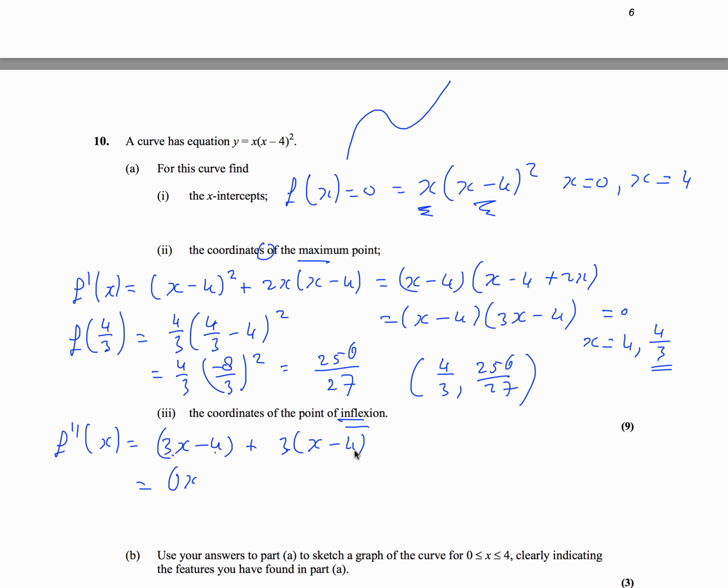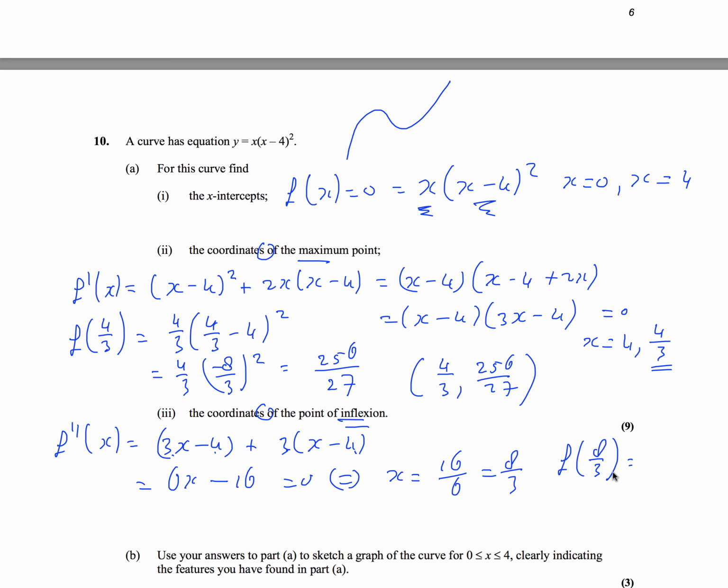Minus that is minus 16. So this is equal to 0 when x equals 16/6 or 8/3. I need to find the coordinates of that again. So I need to evaluate this f at 8/3.